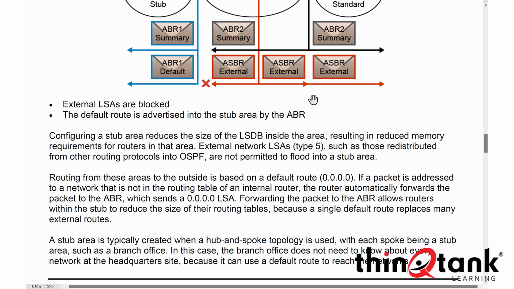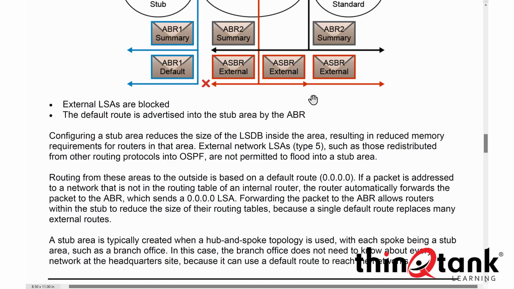In EIGRP, we talked about stub routers for query scoping, but in that case, it was the individual router that was propagated to the neighbors. But in OSPF, it's the entire area. So if one router in the area is configured as a stub, all the routers in the area have to be configured as a stub. All right?